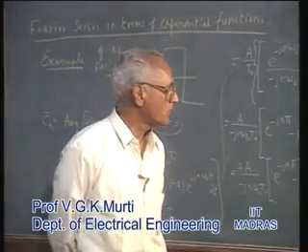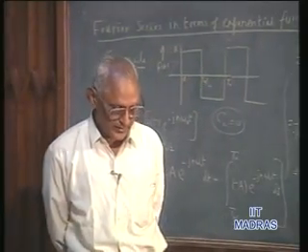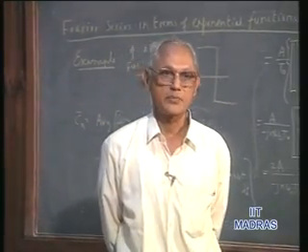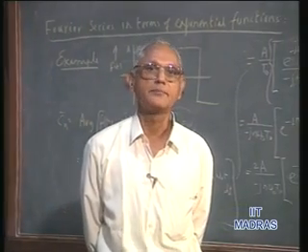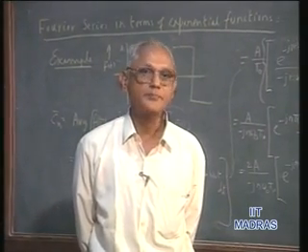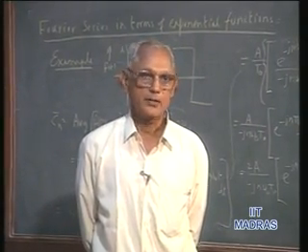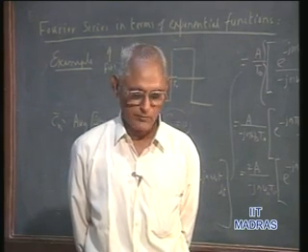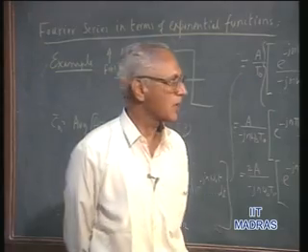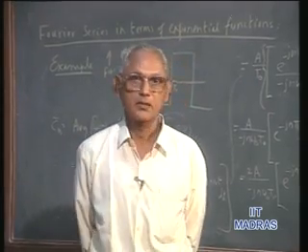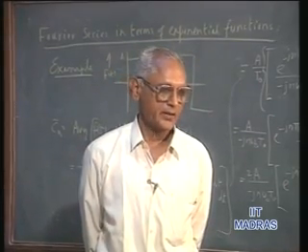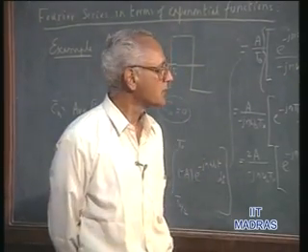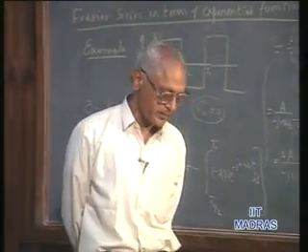And we found out that the expression for calculating Cn is quite surprisingly simple. It is simply the average of f of t times e to the power of minus j n omega naught t, valid for all values of n. And we said that expansion in this form is useful for us when we later go to the Fourier integral form, apart from its compactness and the fact that we have to calculate only one set of coefficients, that is Cn coefficients, instead of having to calculate an and bn separately.